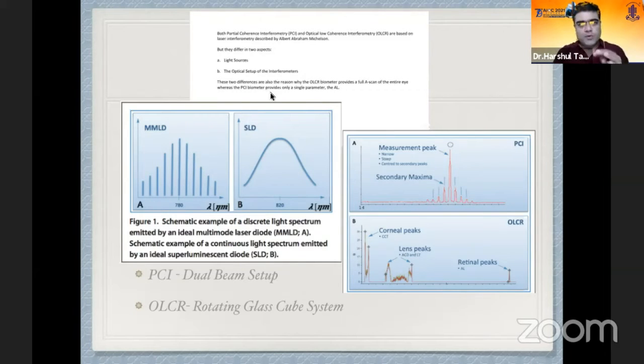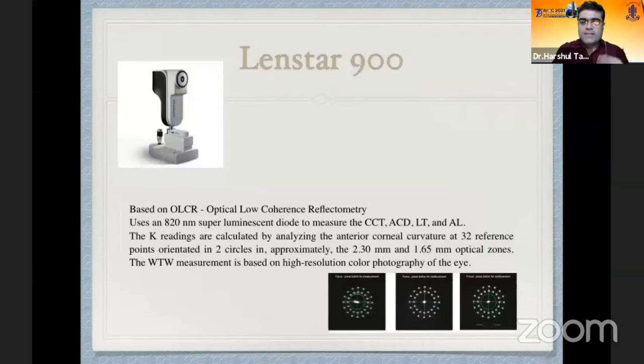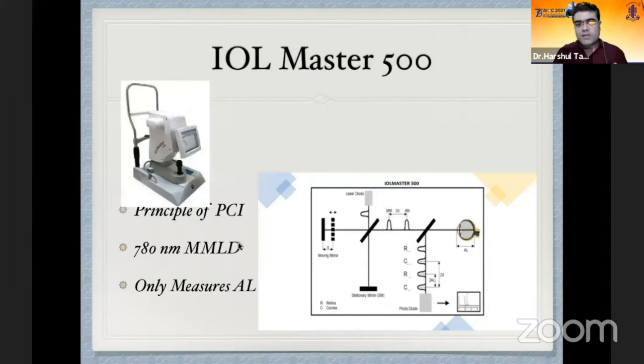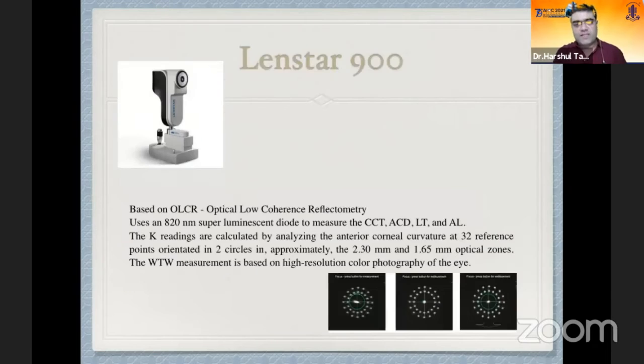And secondly, both interferometers differ in their optical setup. PCI is basically a dual beam setup, whereas OLCR is based on a proprietary rotating glass cube system. And the limitation of the IOLMaster was that to measure the anterior chamber depth and corneal thickness, it was using slit lamp imagery. It was not measuring it with the laser.